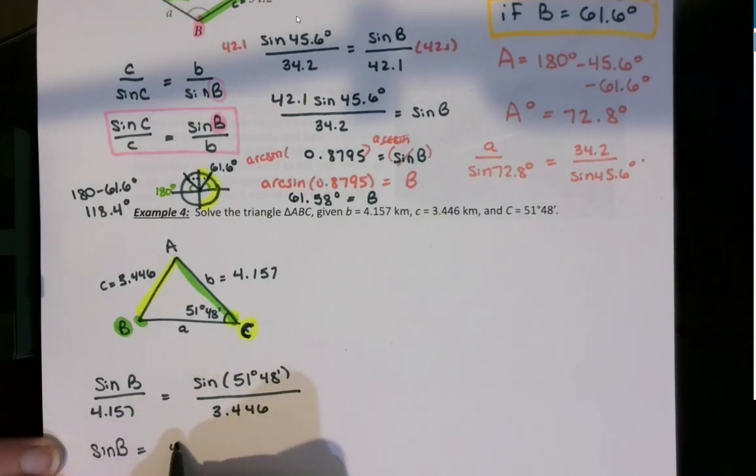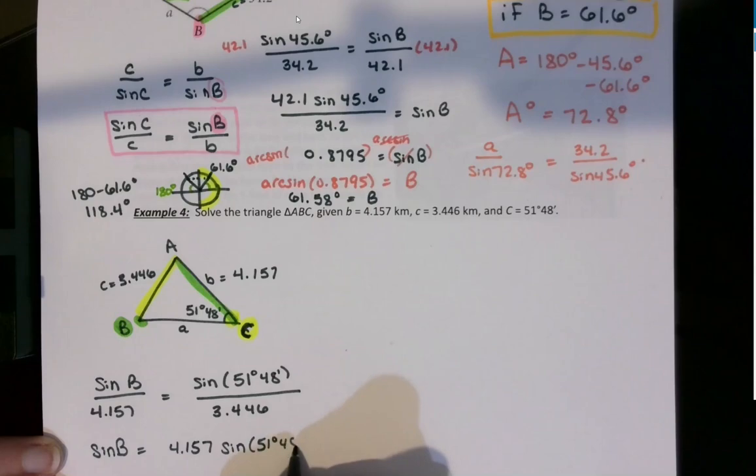So sine of B equals 4.157 times the sine of 51 degrees, 48 minutes over 3.446.